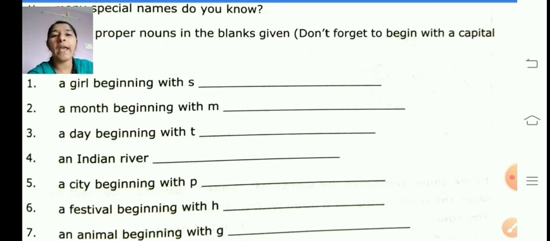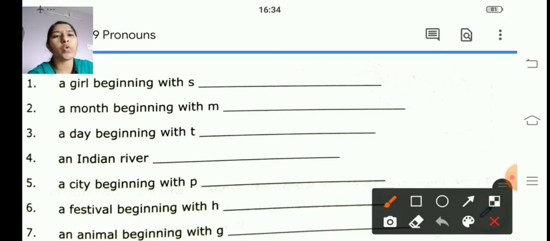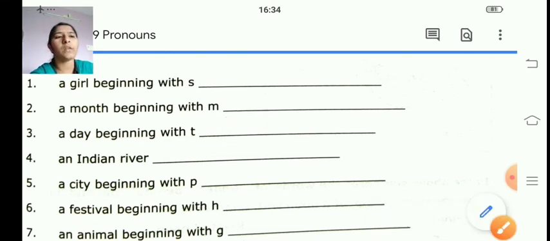A day beginning with T. You know, Sunday, Monday. Like that, the day should begin with T. We have two things there, so you can just guess it. When you start, you will write M, T, like that. Capital letters you have to start. And an Indian river. Anyone, an Indian river, you can write it there.